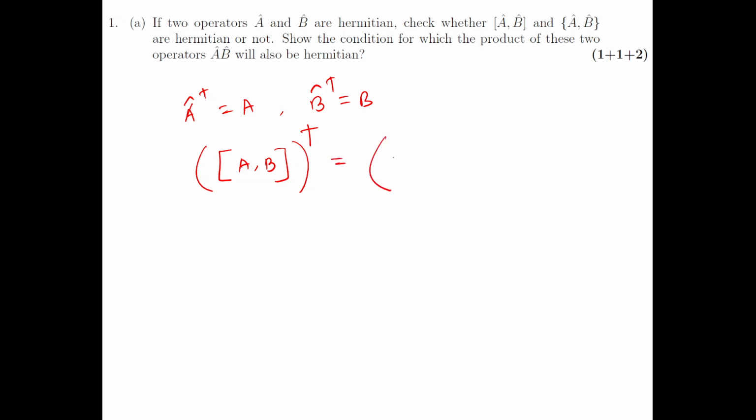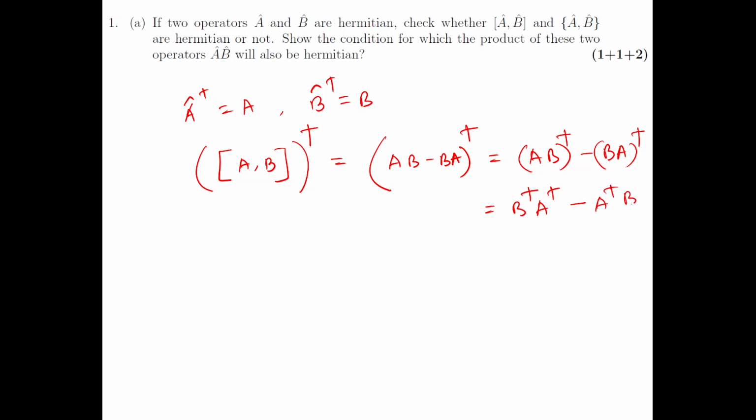The commutator [A,B] is nothing but AB minus BA, dagger. So this is (AB) dagger minus (BA) dagger. Now you know that (AB) dagger is B dagger A dagger. These things we have proved in one of the live sessions where we talked about matrix multiplication and linear algebra. So now we can see that everything is coming very handy.